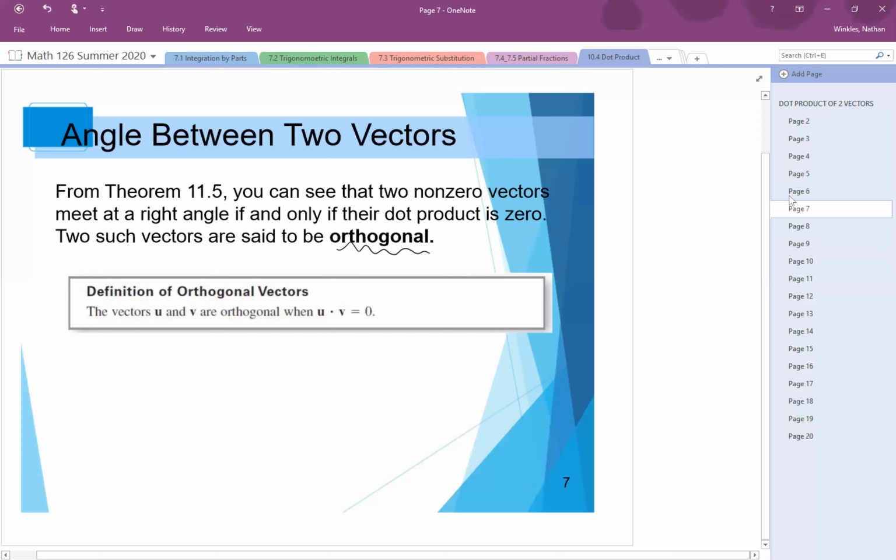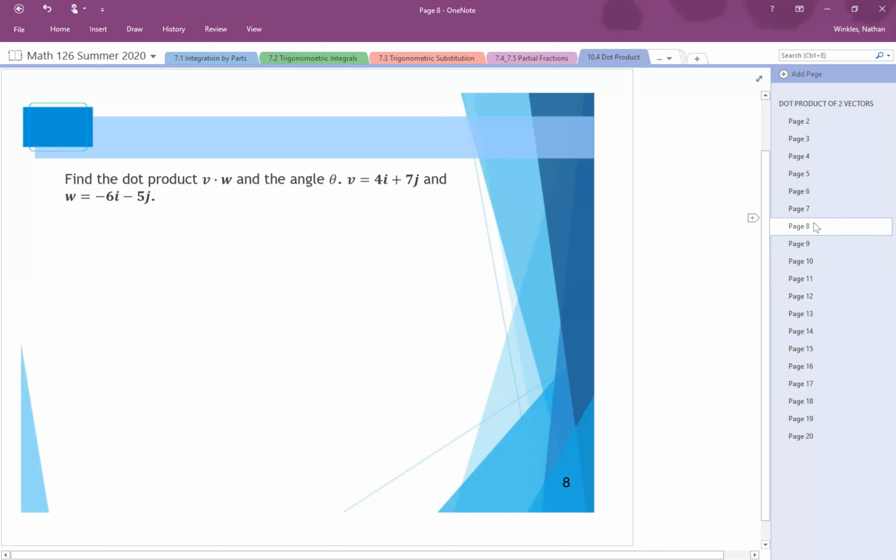So now let's actually look at that. It says find the dot product of v dot w and the angle theta for v equals 4i plus 7j and w equals -6i minus 5j. Well, first thing, let's find v dot w.